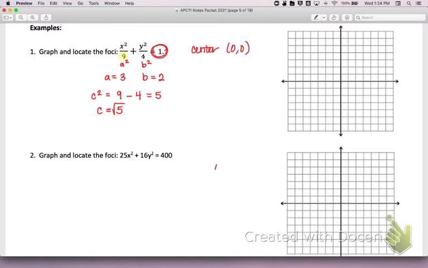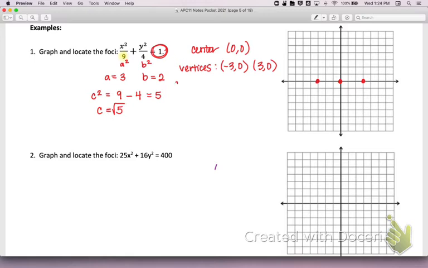Then we have what are called the vertices and the co-vertices, okay? The vertices come from the major axis. So those are going to be our A's. Since it's horizontal, we're going to go to the right 3 and to the left 3. So we have negative 3, 0 and positive 3, 0.